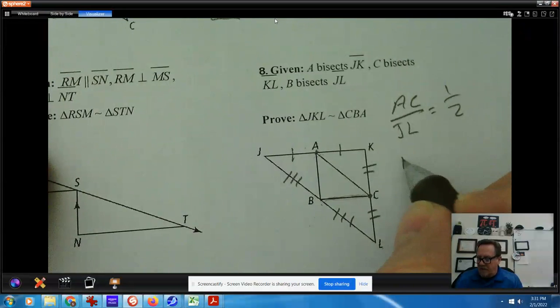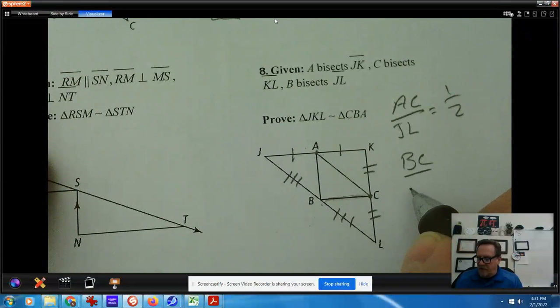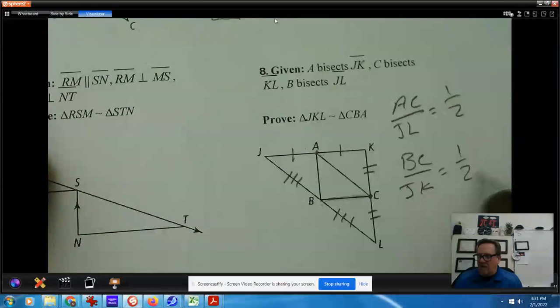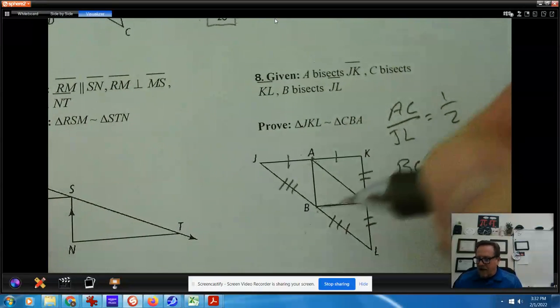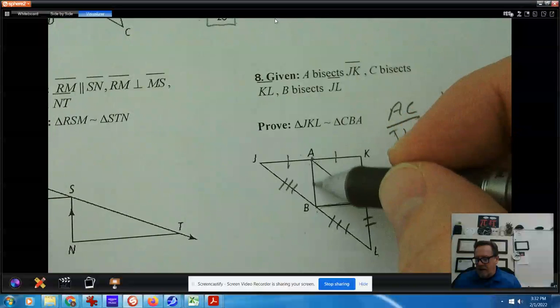In other words, BC to JK is also a 1 to 2 ratio because BC is half the length of JK. But we have a third mid-segment, and that's AB here.